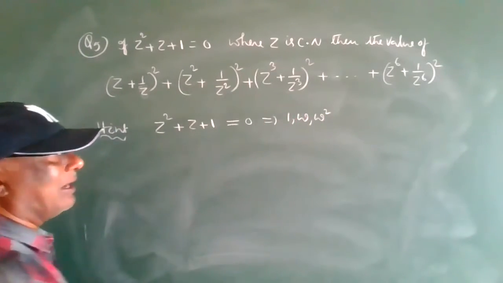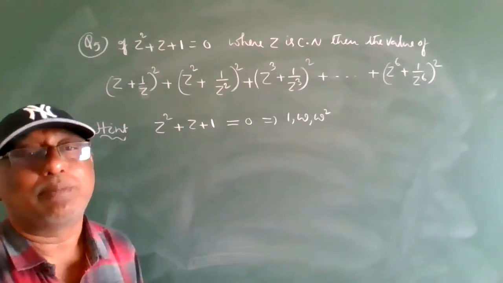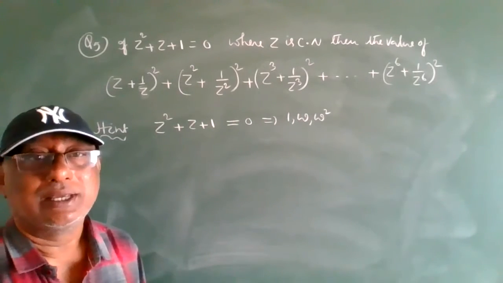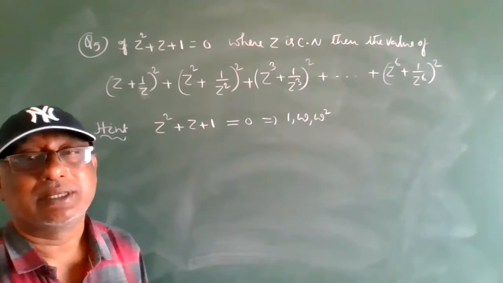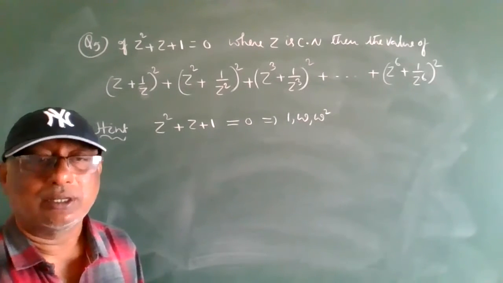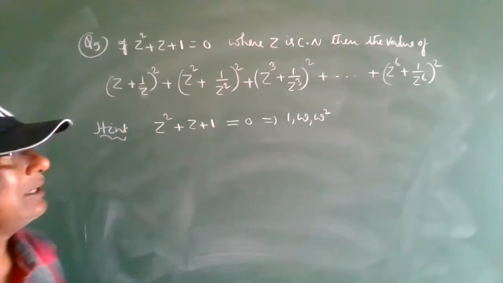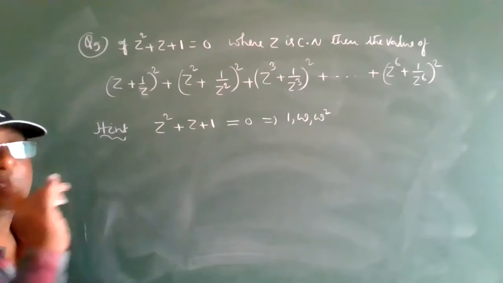I will take omega. Sir, we can put 1, but he is telling complex numbers, not real numbers. That's why omega should be taken. For real numbers we can take 1.